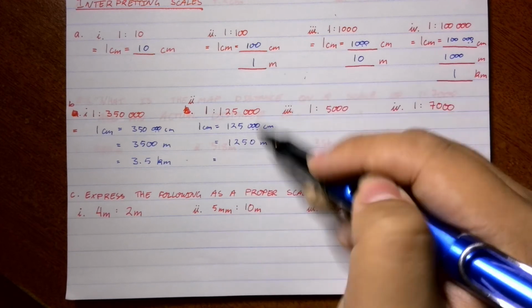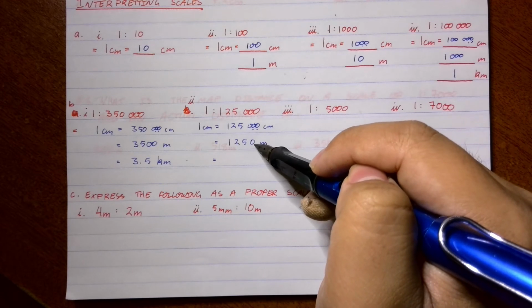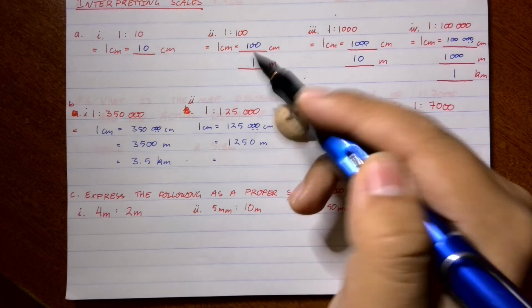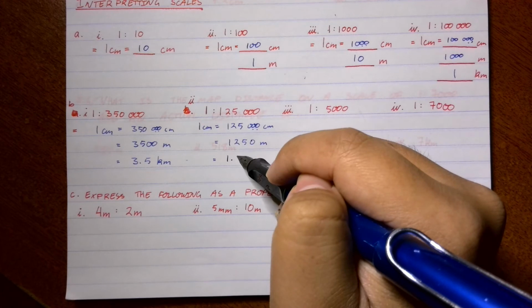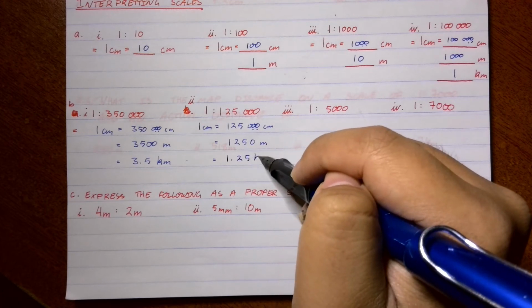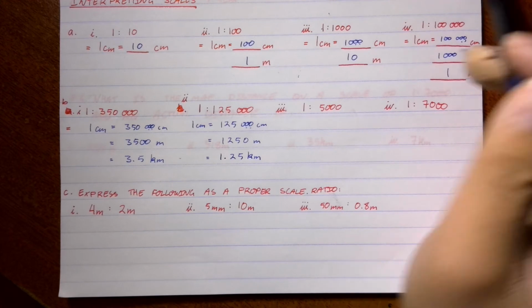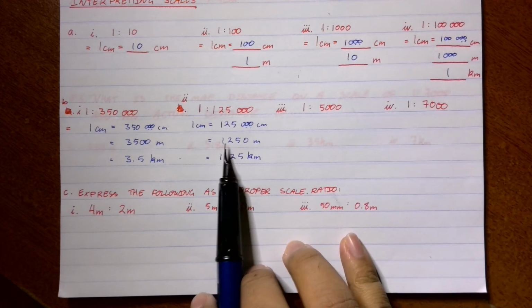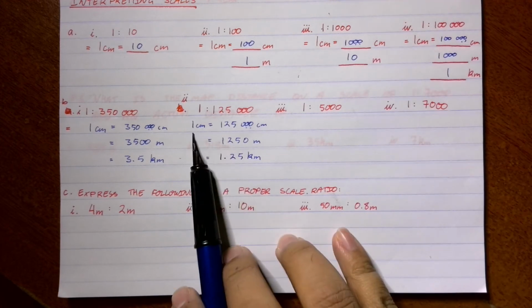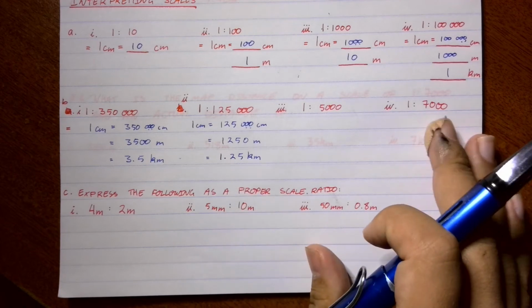And then dividing one more time by 1,000, so 3 decimal places, 1, 2, 3. This will give us 1.25 kilometers. This means in this drawing, 1 centimeter is equal to 1.25 kilometers.